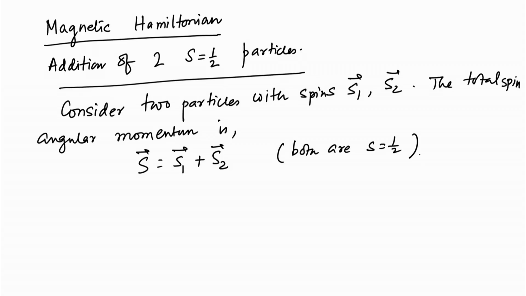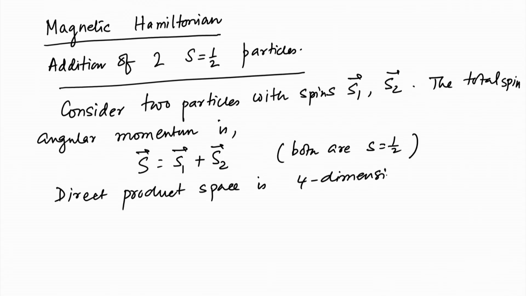Now, the direct product space consists of four dimensions. So the direct product space is 4-dimensional, and we can use the S, MS basis for each.